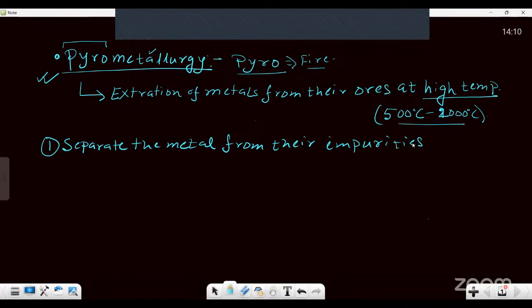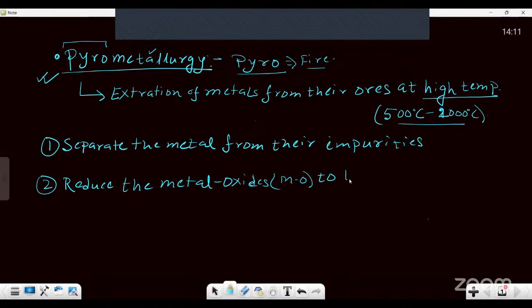This can be achieved, and also reducing the metal oxides to their metallic states. Here we will also see how we reduce the metal oxides, MO, the metal oxide, to their metallic states.